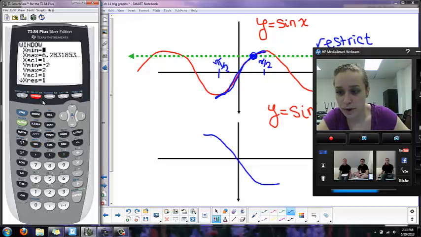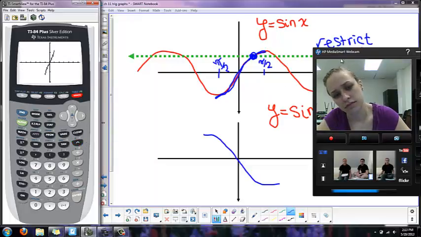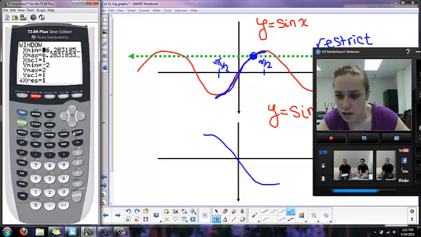And I'm going to change my window to be -2 pi to +2 pi just so I can see on both sides of those axes. I'm going to graph it. Okay, so see how it just, did I draw that upside down? I guess I drew that upside down. Hold on, let me change my window. Let me change something right here.